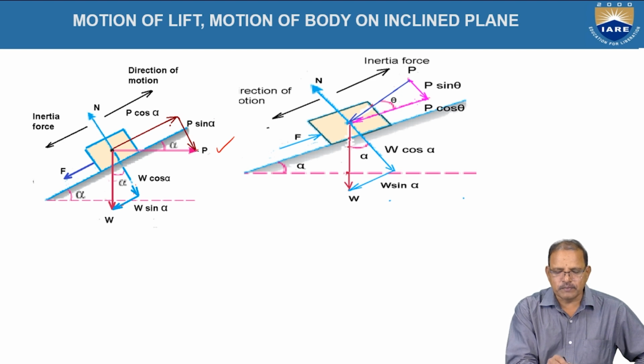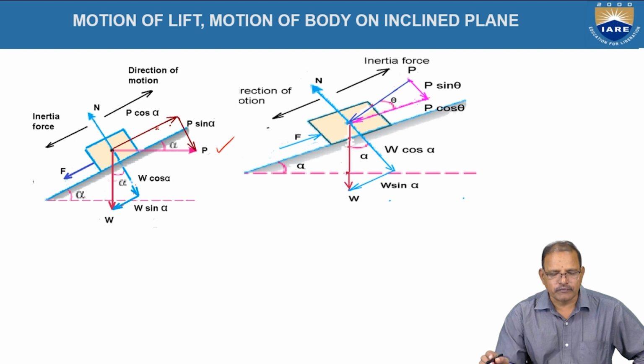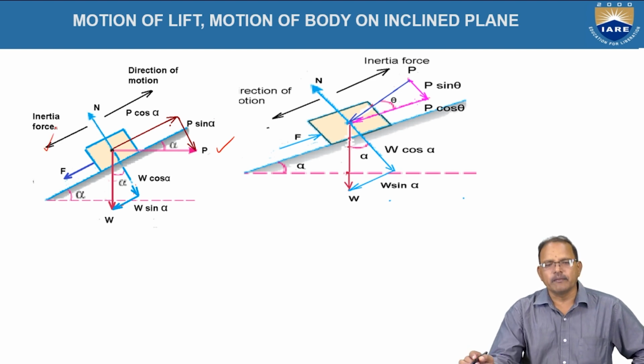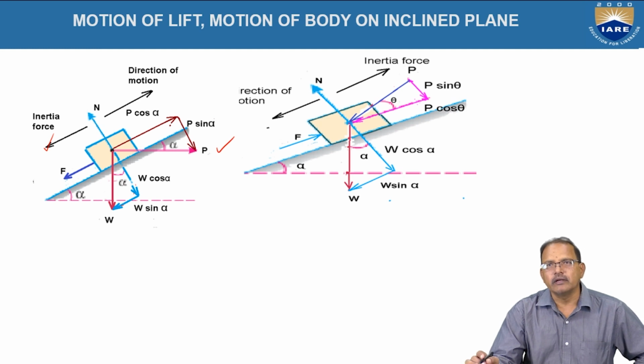The horizontal force P is resolved into two components, P sin alpha and P cos alpha, and F is the frictional force. Since the body is moving upward, the inertia force acts in the opposite direction, that is, downward. Again, by applying the equilibrium condition, we can determine the minimum force P required to move the body up the plane.